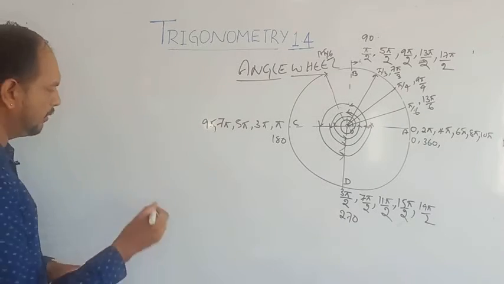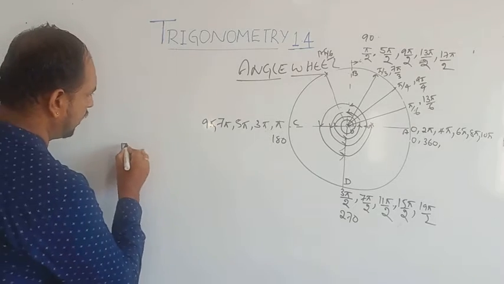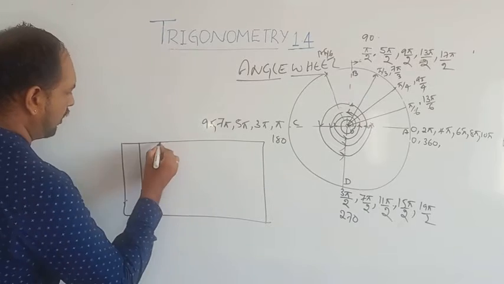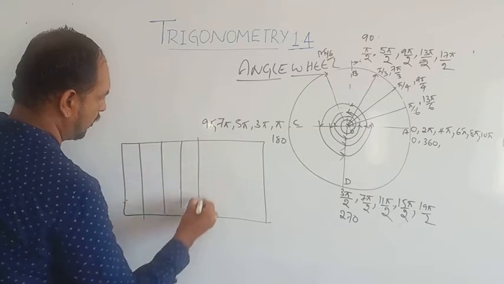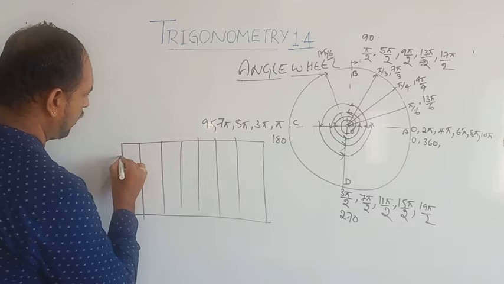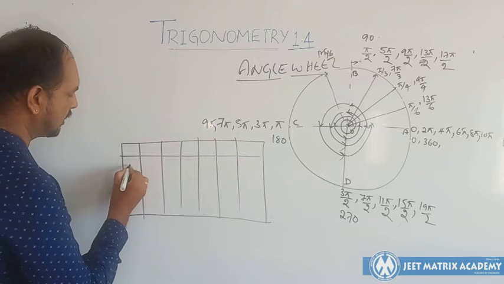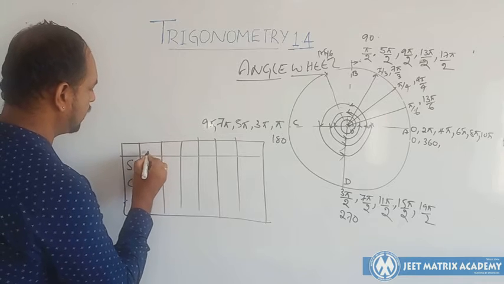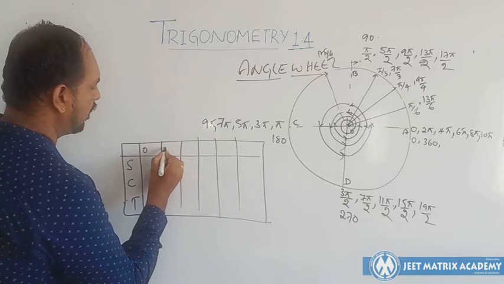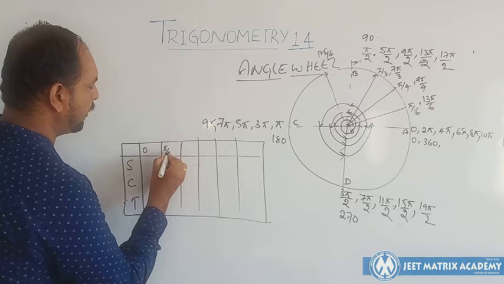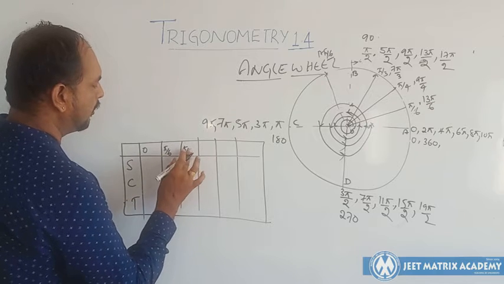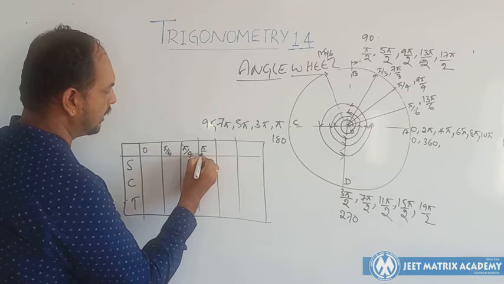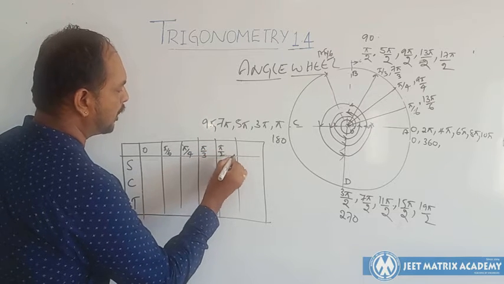I mean to say, so this is sine, cos, tan. Okay, this is 0, pi by 6, pi by 4, pi by 3, pi by 2.